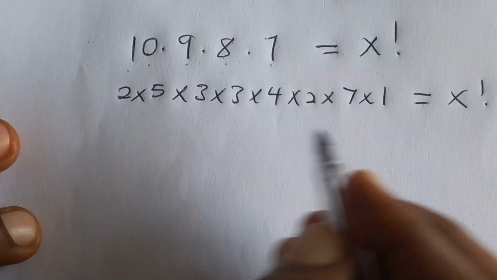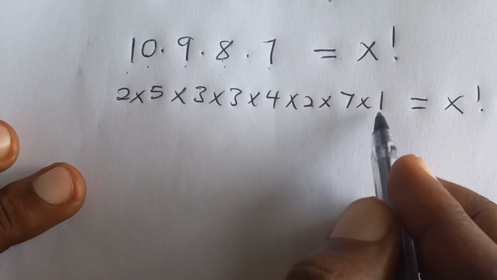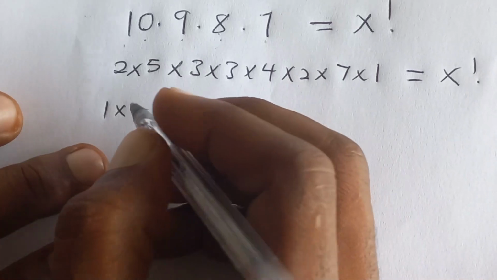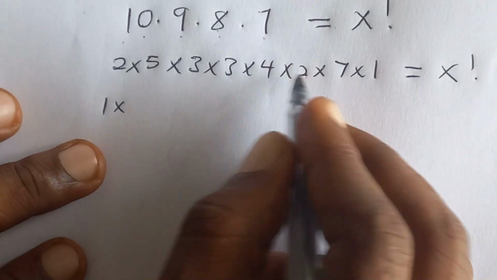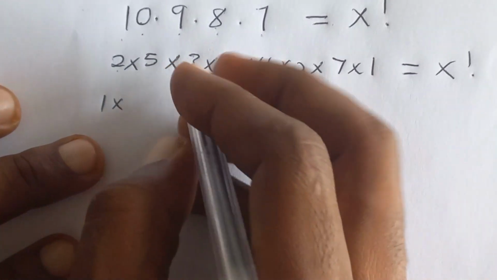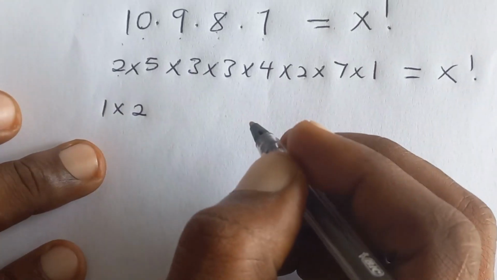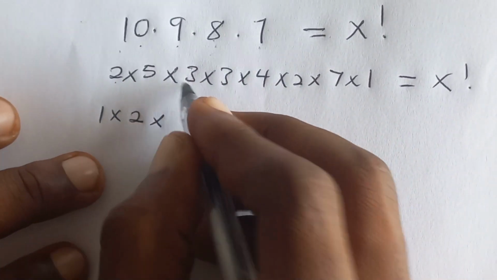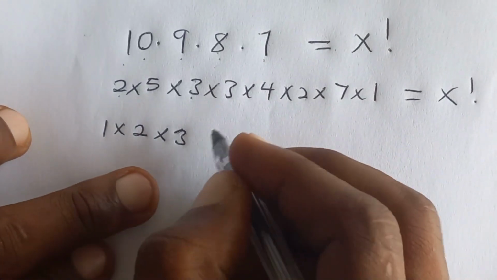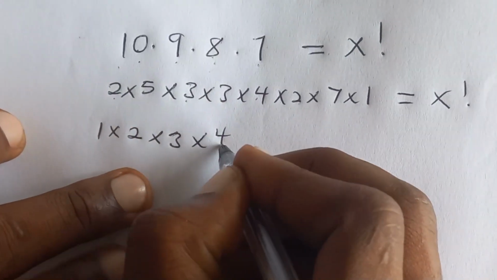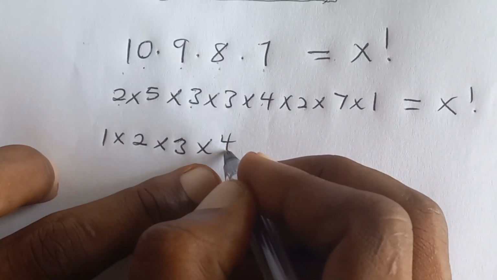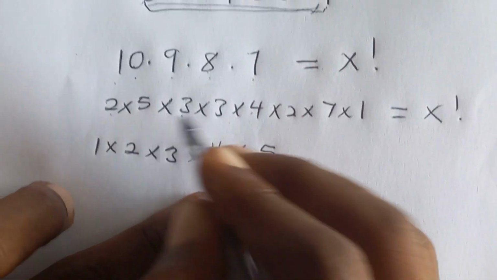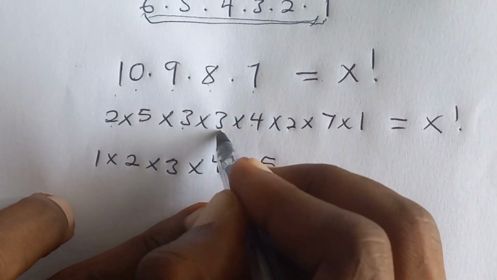Now we are having 1 here. Okay, so you say that 1 times, then 2, this 2, okay, then times 3, times 4, okay, then times 5, then you are having 2 times 3.